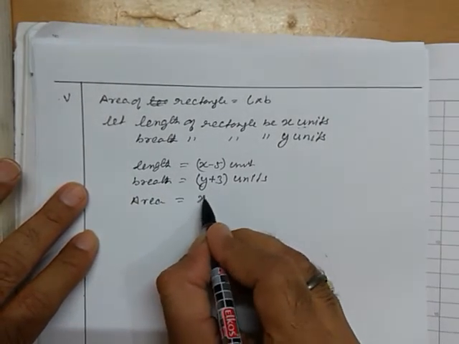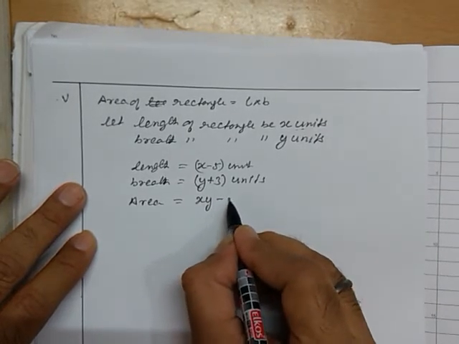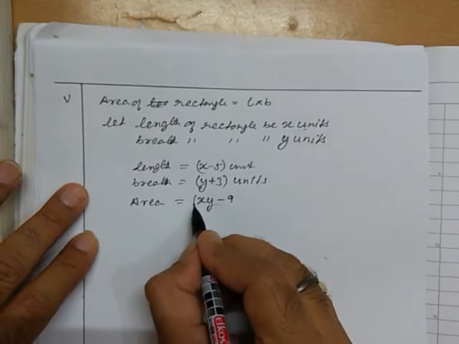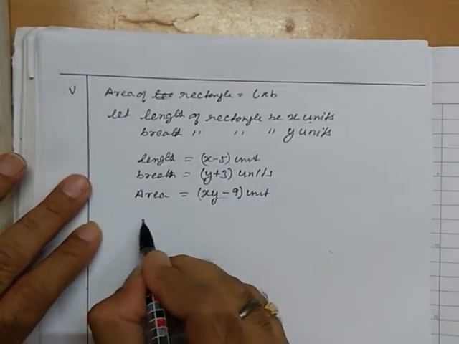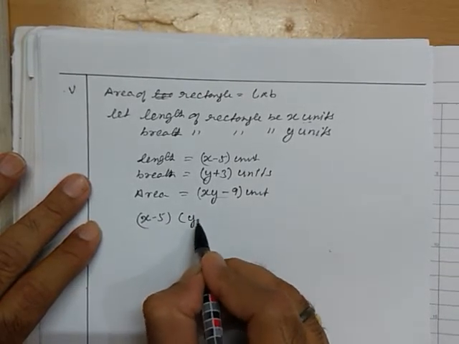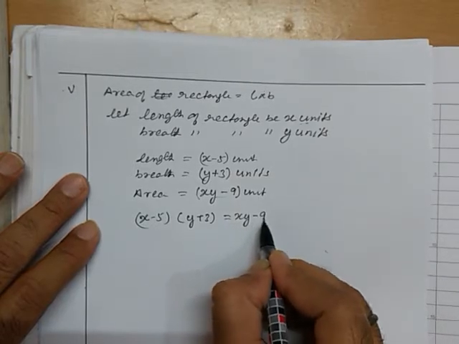The area was initially xy square units, and it is reduced by 9. The equation will be x minus 5 into y plus 3 is equal to xy minus 9.